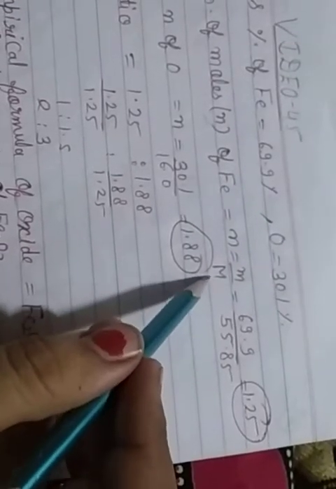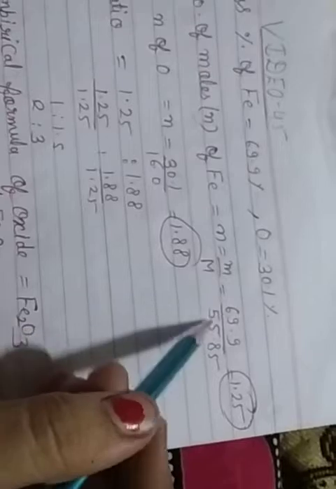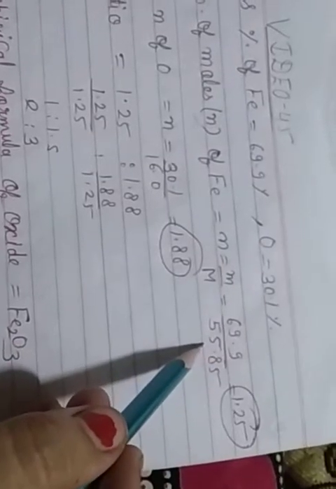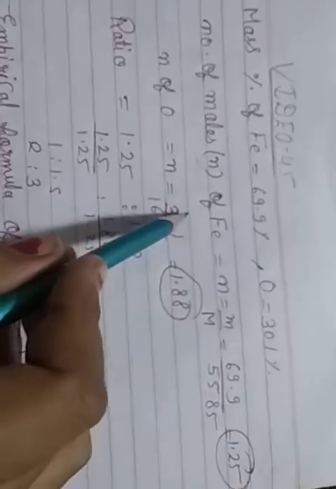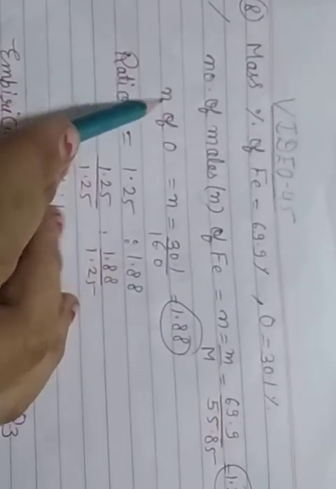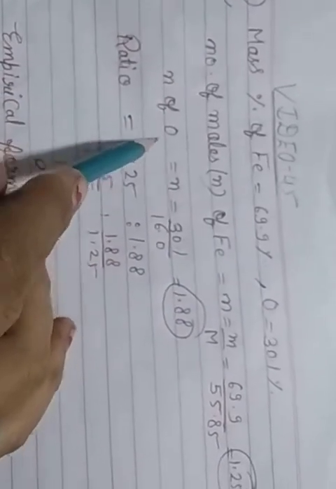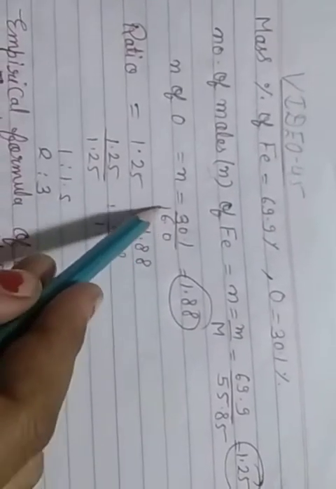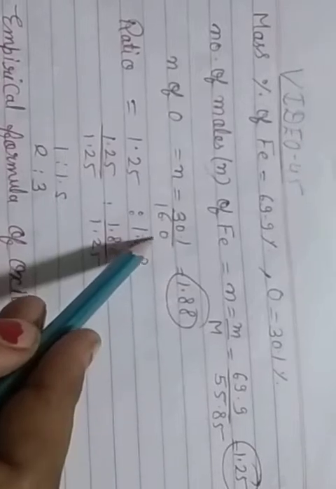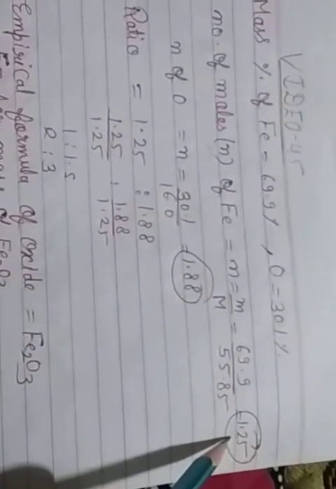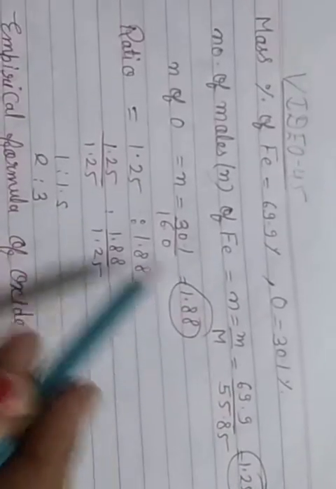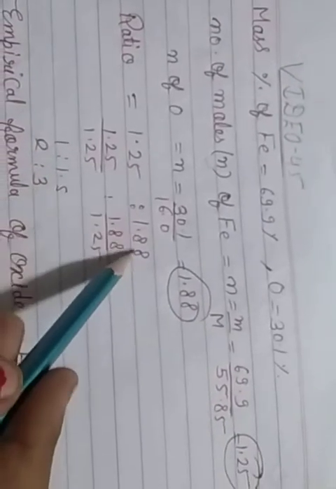So 69.9 divided by 55.85 is 1.25. Similarly for oxygen, the given mass is 30.1 divided by 16, which calculates to 1.88. So the ratio of iron to oxygen is 1.25 to 1.88.